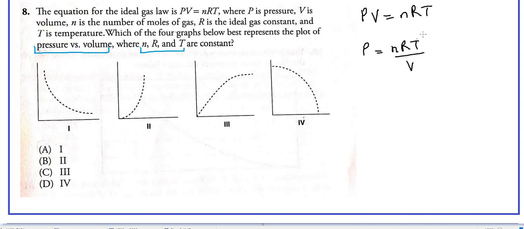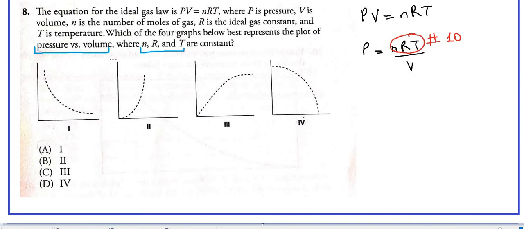Or you can think like this. This is a constant number, let's say it's 10, and V is getting bigger and bigger, and still 10 is divided by that number. So we obtain a smaller and smaller number. So as V is getting bigger and bigger, the value of P is getting smaller and smaller. So they are inversely proportional.